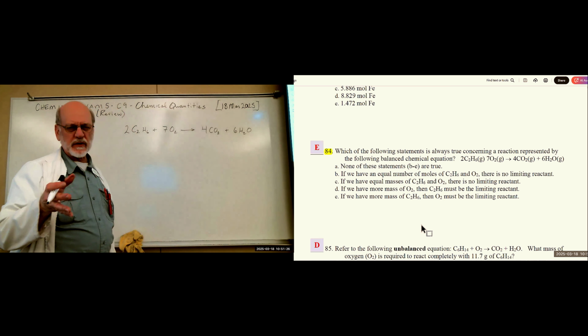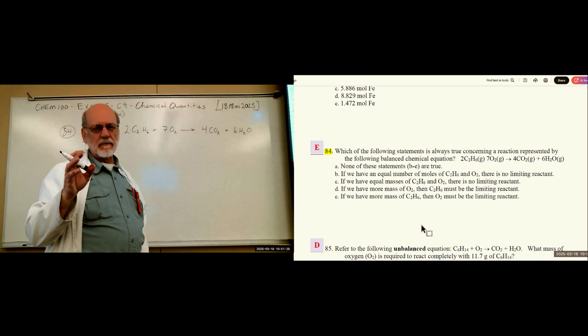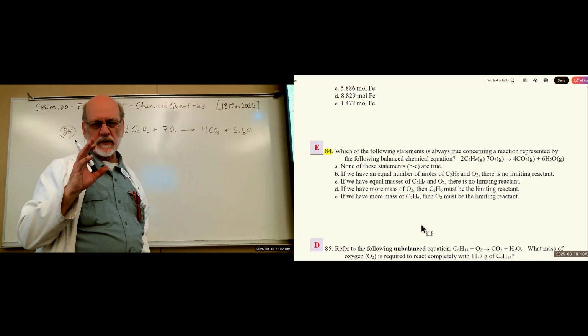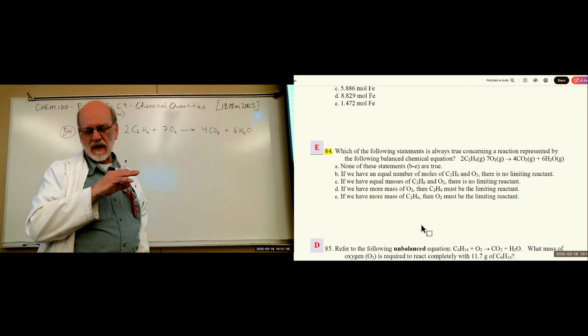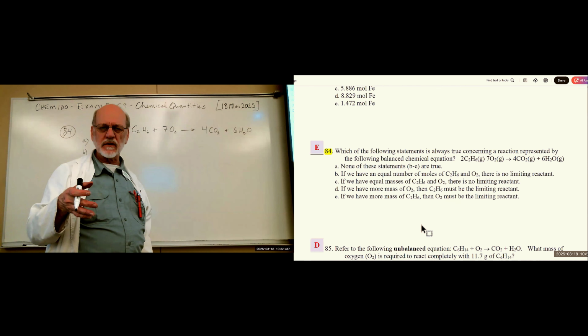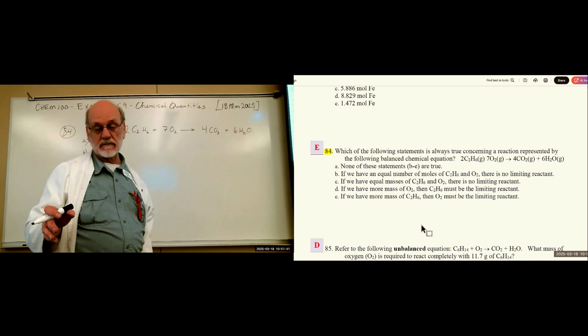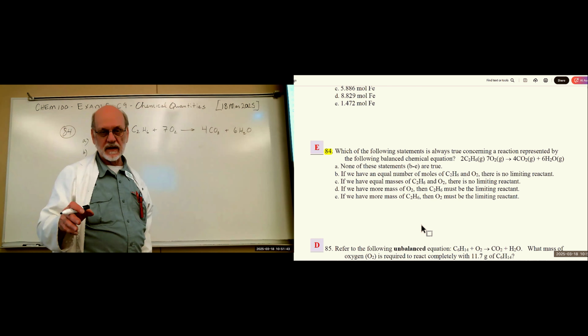Okay, we've got multiple comparisons in here. Equal number of moles, different number of moles, equal masses, more mass of one than the other. The question is, which is limiting, or is there a limiting reactant?